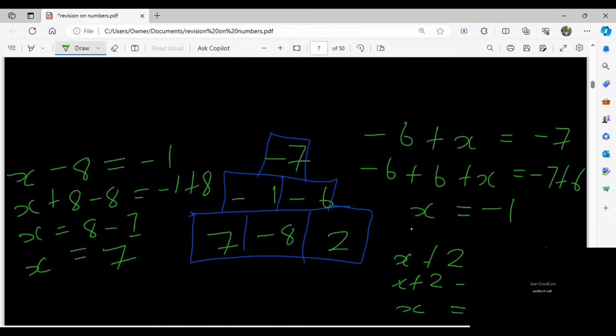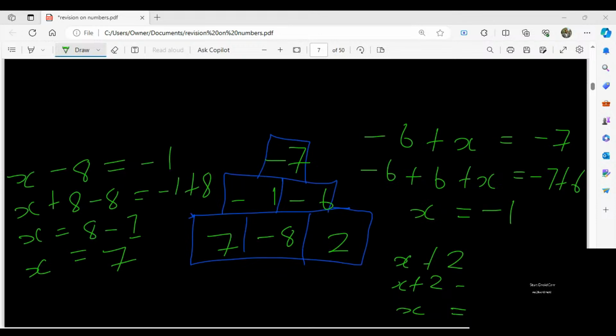So here we'll put a 7 there. All right, so this is how you solve these problems with number pyramids. If you have any questions, please feel free to let me know in the comments section. Don't hesitate, just let us know.